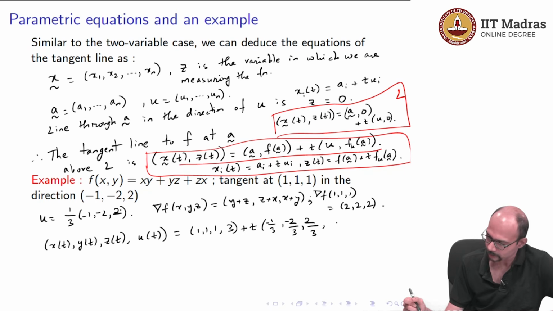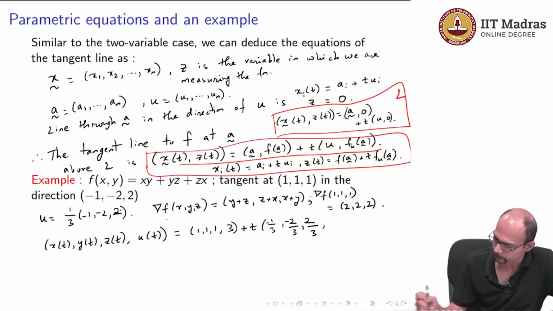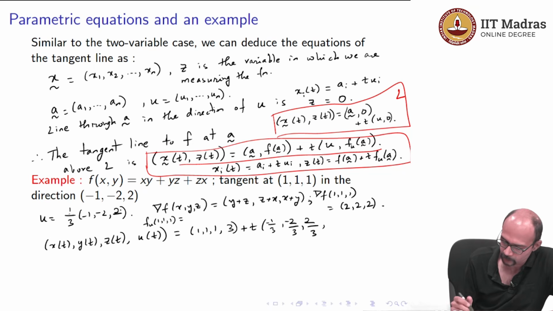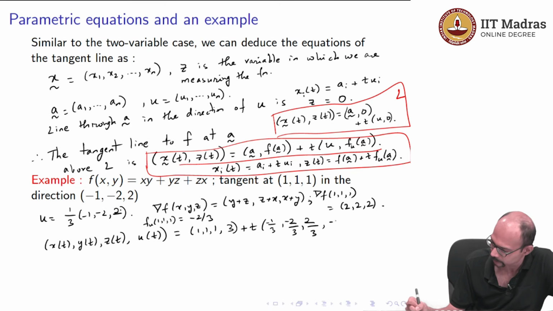And what is f_u? I have just computed the gradient. So, f_u at 1, 1, 1 is gradient dotted with u. That is 2, 2, 2 dot 1/3 of -1, -2, 2, which is minus 2/3. So, here I will get minus 2/3.